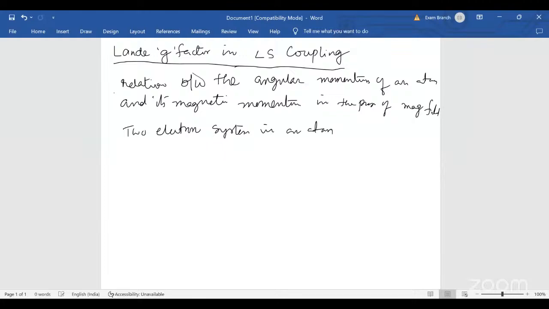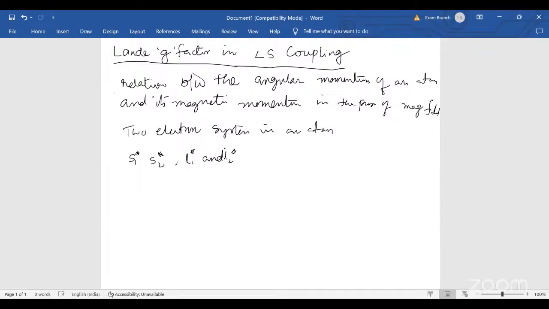As we take the two electron system in an atom, there will be four individual magnetic moments to be taken into account, which are associated with the mechanical moments. Those are S1 star, S2 star, L1 star, and L2 star.